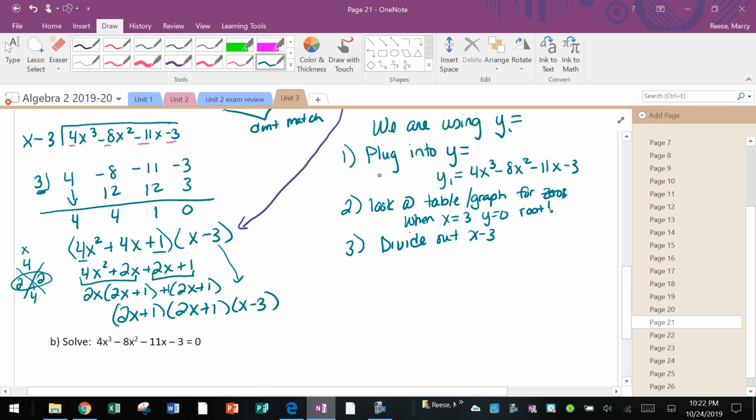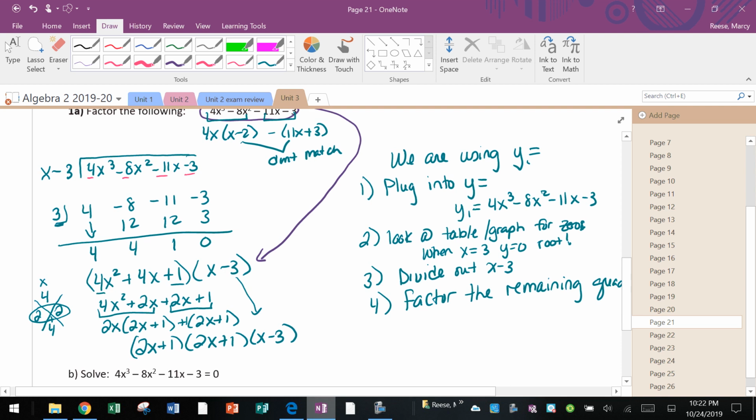So I kind of got ahead of myself without my steps, with my steps here. We divided out the x minus 3. And then we factored the remaining quad. Okay, what was left is what we factored.